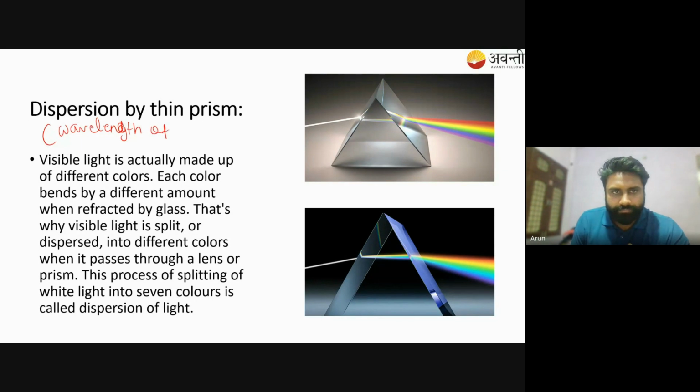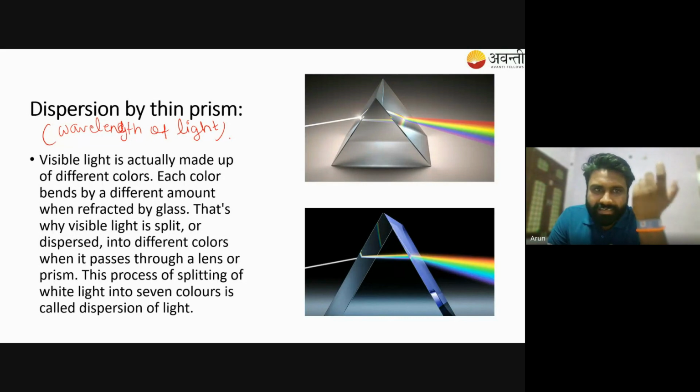Okay? So this is the cause of dispersion, because the wavelength varies as the refractive index of the material varies.